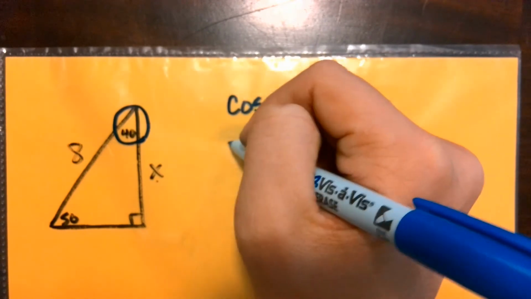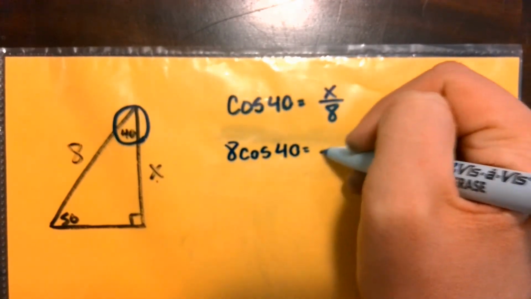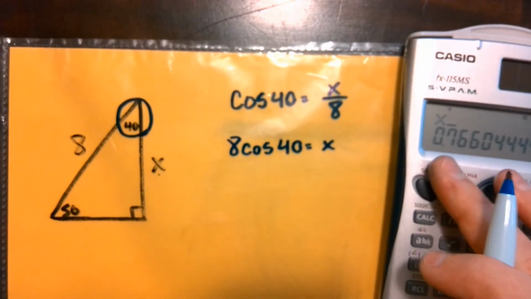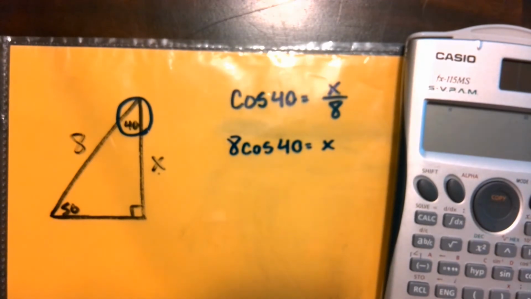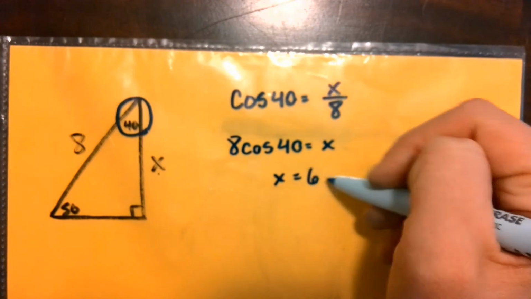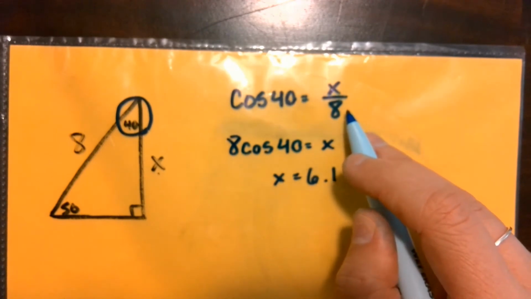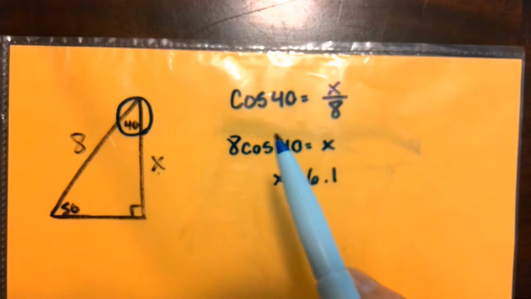Then of course we cross multiply, because that's what we do in proportions. I want to find 8 times cosine of 40, and it's going to tell me that x is about 6.1. But 6.1 over 8 is the same ratio as it told us cosine of 40 had to be.